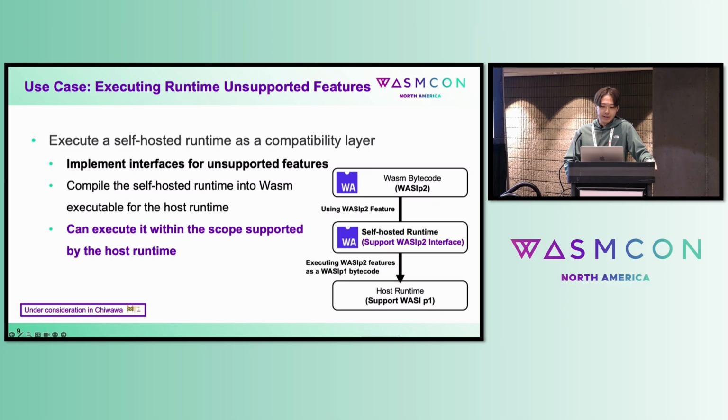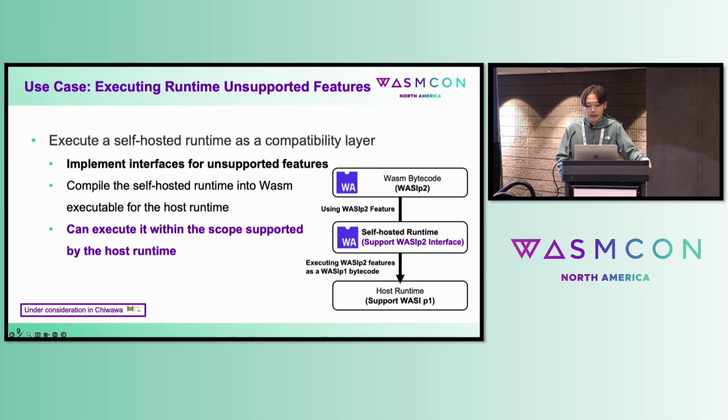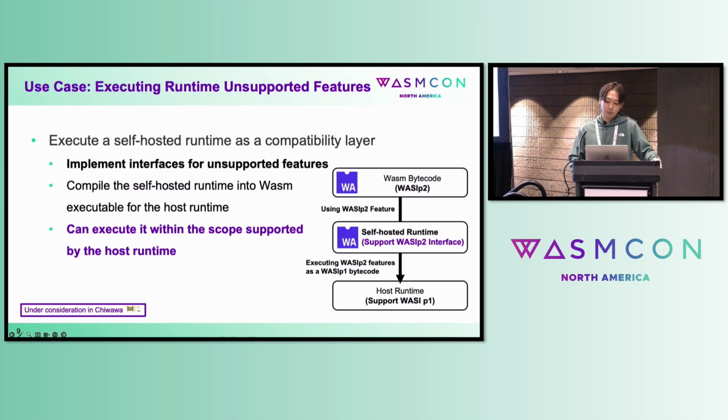Then by compiling the self-hosted runtime into Wasm bytecode executable by the host runtime, it can be executed compatibly within the scope supported by the host runtime features. For example, let's think about WASI P2. The self-hosted runtime supports WASI P2 and compiles to WASI P1. Executing it on a host runtime that only supports WASI P1 enables WASI P2 bytecode to run compatibly.